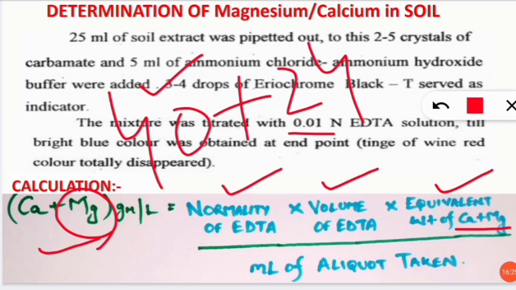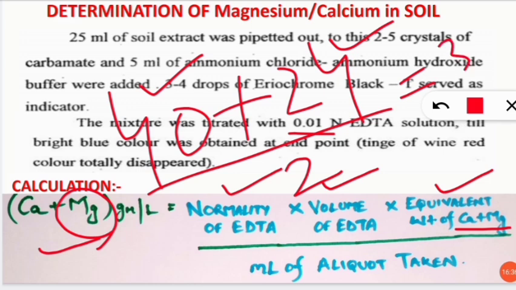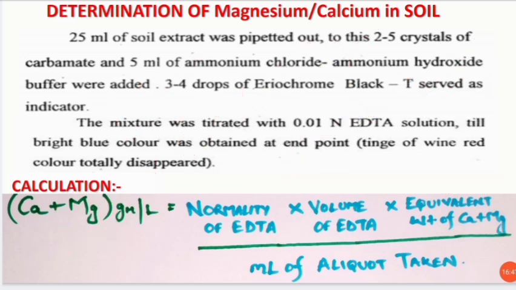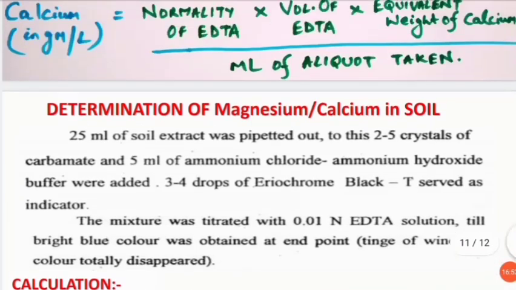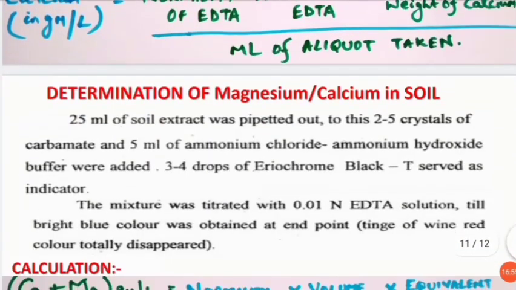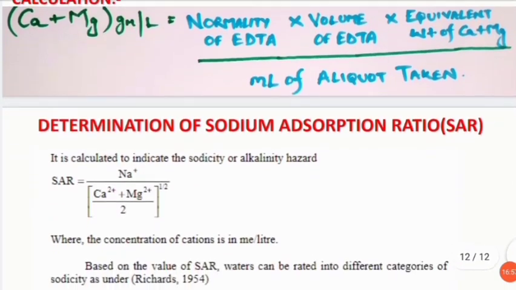Calcium is 40 and magnesium is 24, divided by the valency, that is 2, so we consider one valency, 2, and after solving this we get 32 as the equivalent weight of calcium and magnesium. Next we divide by the ml of aliquot taken. Here we have taken 25 ml, so we write 25 ml in the denominator. In this way we find calcium plus magnesium, and we subtract the calcium value from this value, and then we get the magnesium present in the soil.